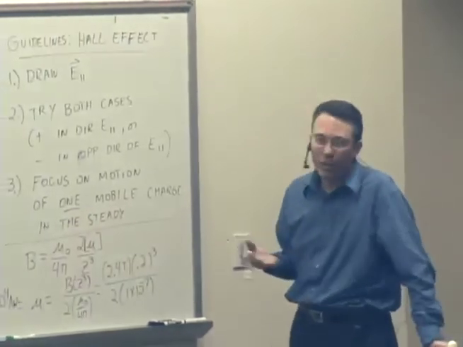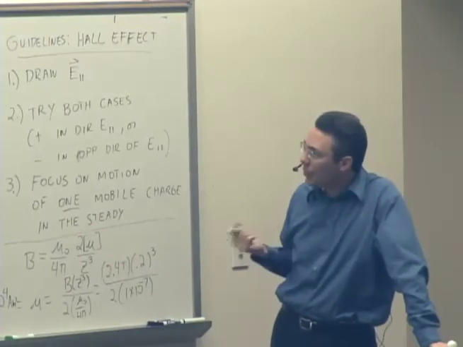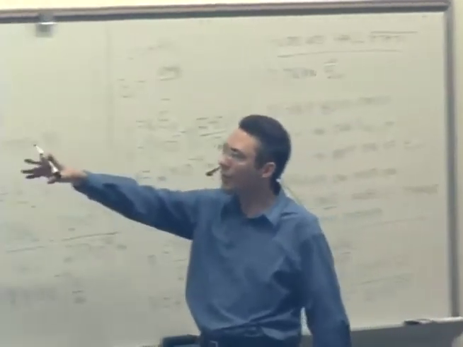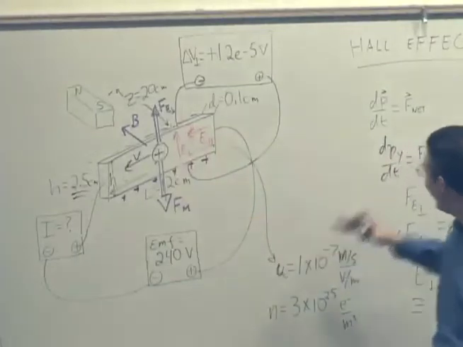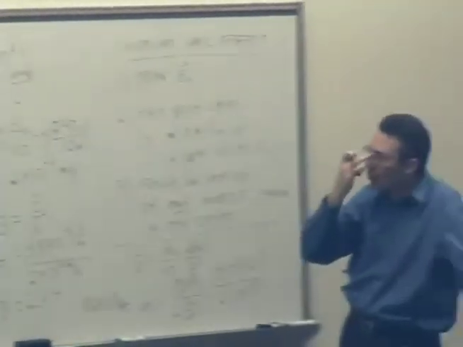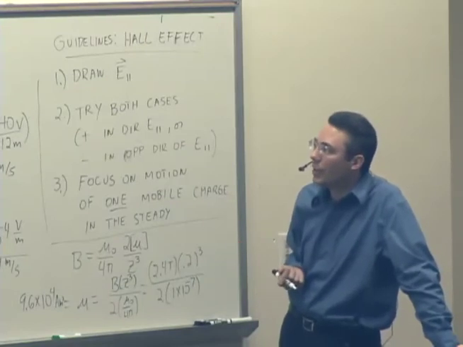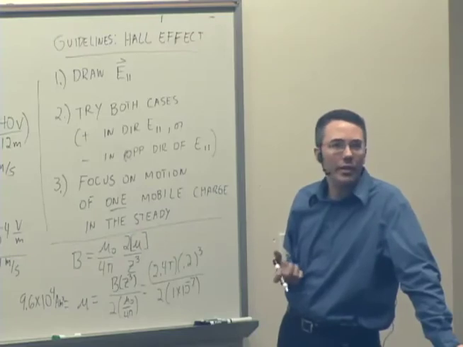And you're going to be expected to do things like this on the homework and on the test, okay? So you want to figure out where you can start. Start by looking at the motion, relating the forces on a single moving charge, and then going from there, seeing what's unknown and where you can figure out other things from. Remember, the loop rule and the node rule still apply, so we can use our circuit analysis techniques to deal with this. Questions on any of this?